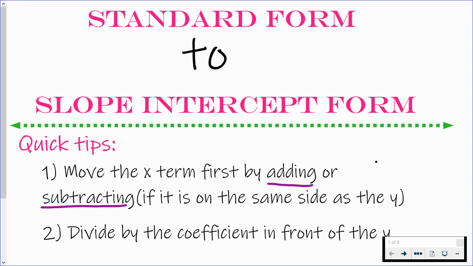So if the x and y are both on the same side, the first term you move away is the x term, and you do that by adding or subtracting. And finally, if there is a coefficient, which remember is the number in front of the y, or in front of a variable in general, you want to divide by the coefficient in front of y to every single term on the other side.